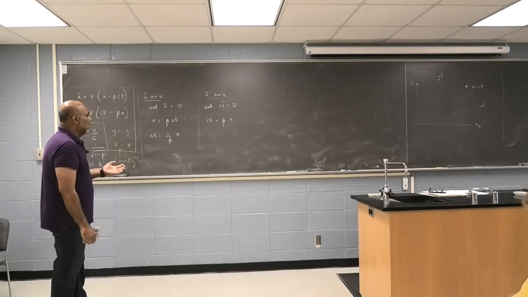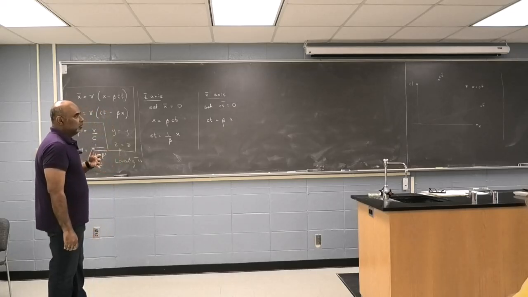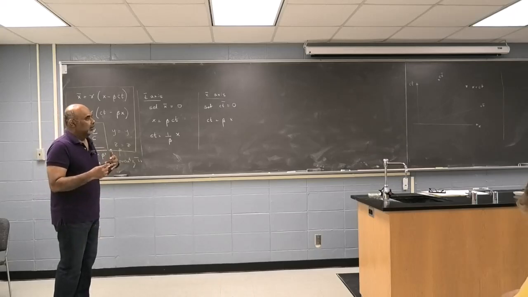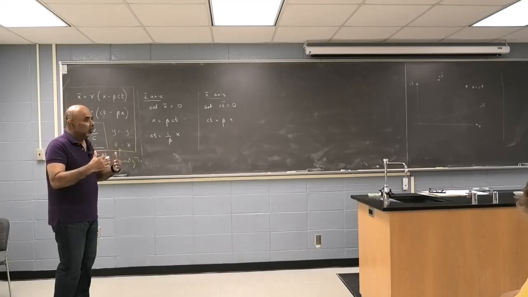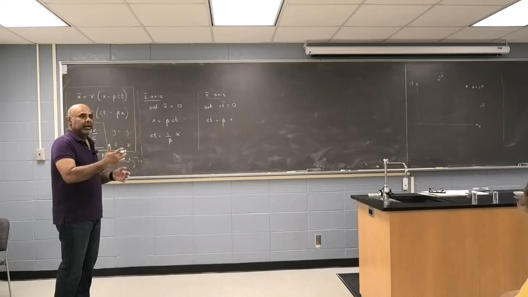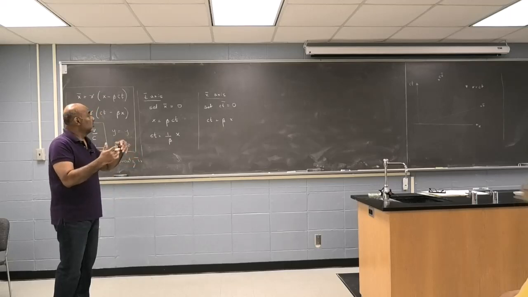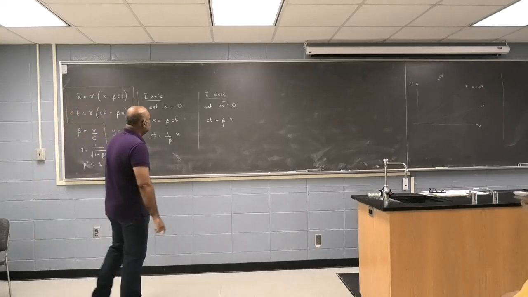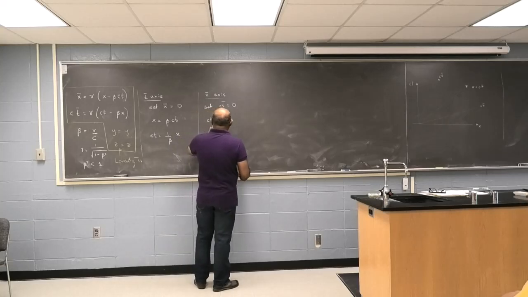Okay, so what I want to do is I just don't want the x-axis and the y-axis, but I want to know x bar equals 0, x bar equals 1, x bar equals 2, x bar equals 3, so on and so forth, and ct bar equals 0, 1, 2, 3, and so on. If I wanted to do that, I could add a constant over here.